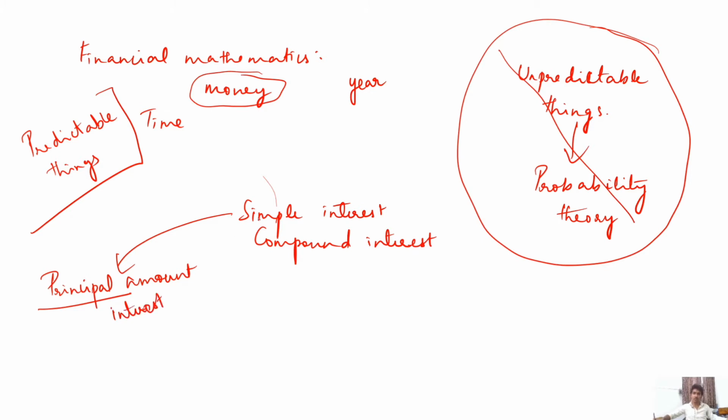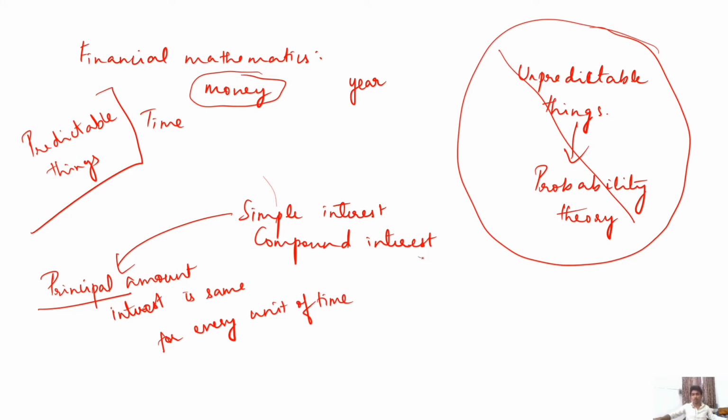Interest is there in both simple interest and compound interest. The interest amount is the same for every unit of time in simple interest. That means if it gives you only 500 rupees extra in the first year, it is going to give you the same 500 in the upcoming years as well. That is what simple interest does.